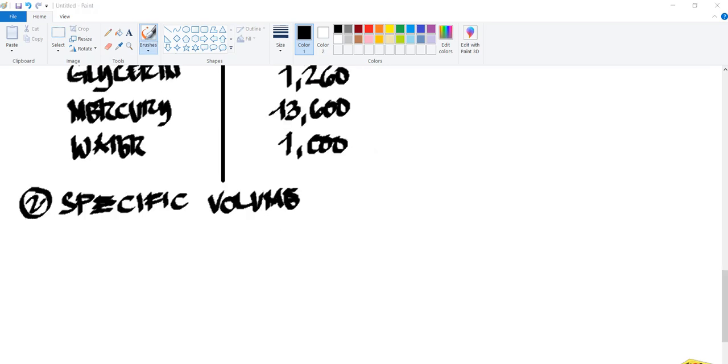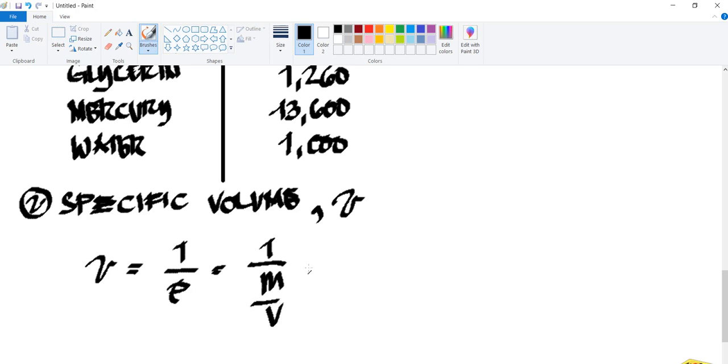Next property, we have the specific volume, which is symbolized with this symbol. So specific volume is the reciprocal of the density of the fluid, or it can be represented as volume over mass.